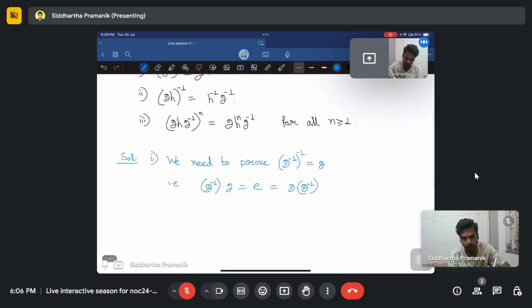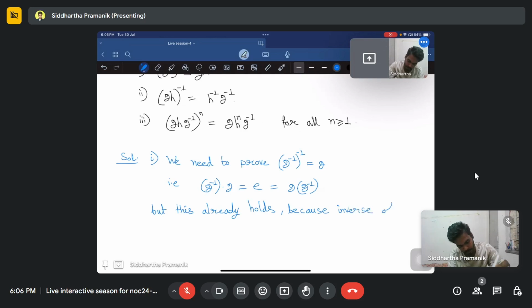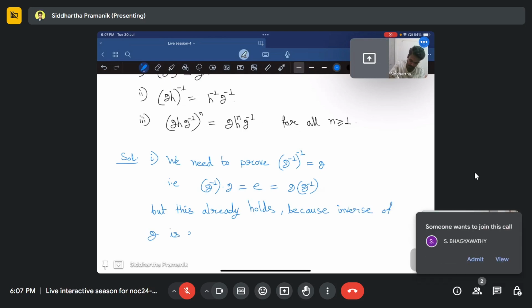But this is already true, right? This already holds. Why? The reason is inverse of g is g inverse.